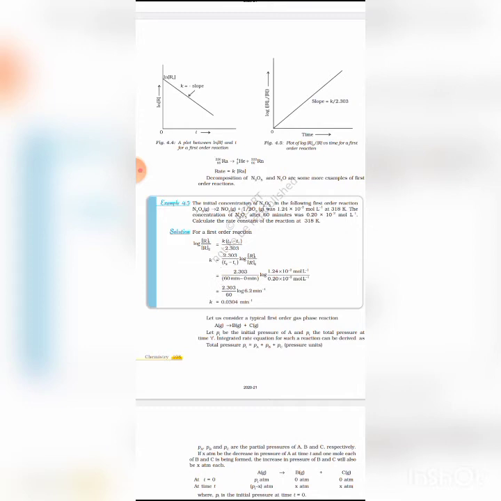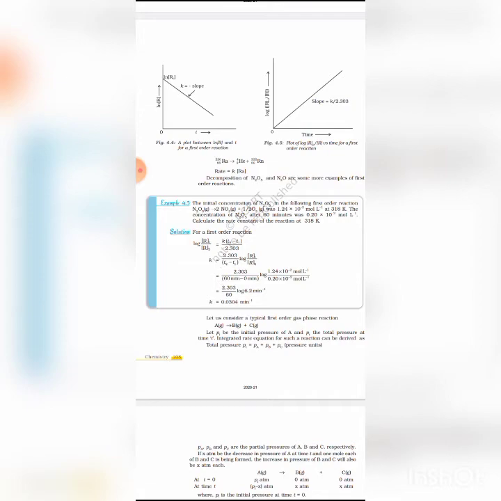Now, characteristics of an activated complex. The first is that the potential energy of the activated complex is maximum, and the activated complex has a transient existence and breaks up at a definite rate to form products.